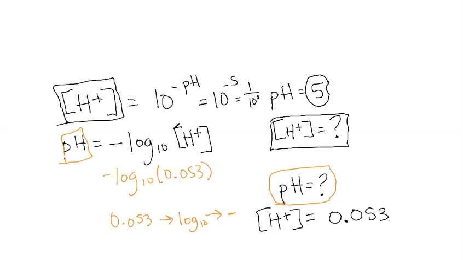Okay, so those are the two equations, and they're just two different versions of the same thing. They both allow you to go from this number, like 3, 4, 5, 14, to the concentration of hydrogen that's associated with that.